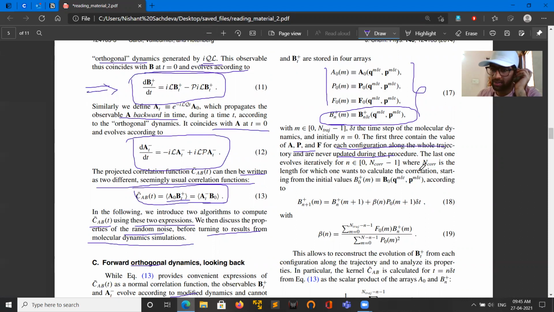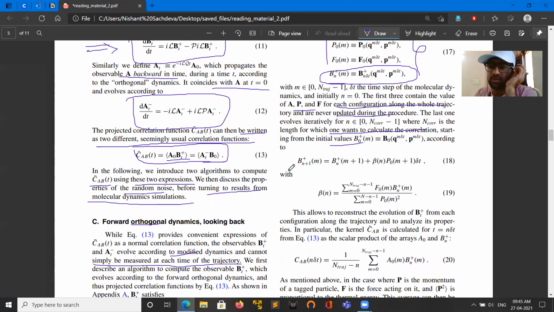Where n cor is the length for which one wants to calculate the correlation. Starting from the initial values B0 plus of m, when we're iterating, we get this particular equation. So the starting one is this guy as our initial value. For iterating, we get this with beta of n, this guy beta of n being here.